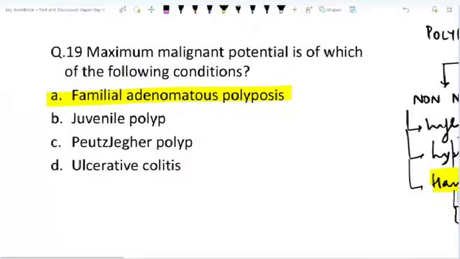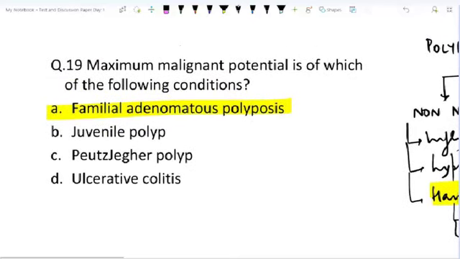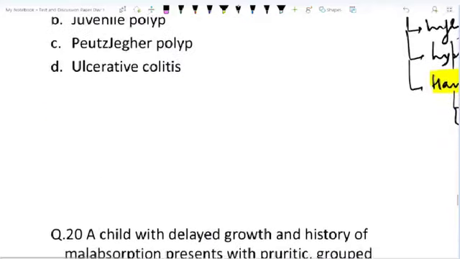Ulcerative colitis and Crohn's disease are both inflammatory bowel diseases. Both of them have an equal incidence of colorectal carcinoma, but will not have as high a risk as familial adenomatous polyposis here. So this question was put to see if you've understood what kind of polyp comprises familial adenomatous polyposis. In fact, this is what's implicated in the adenoma-carcinoma sequence of occurrence of colorectal carcinoma.